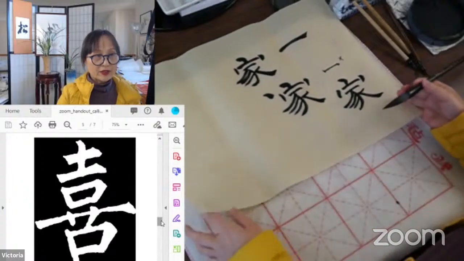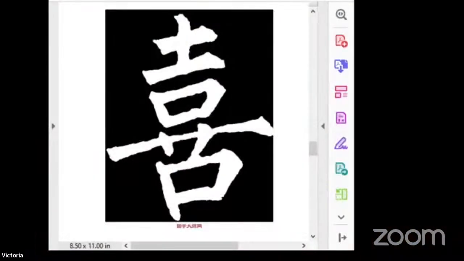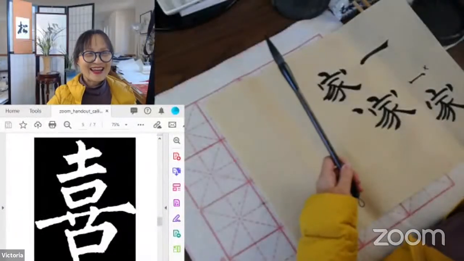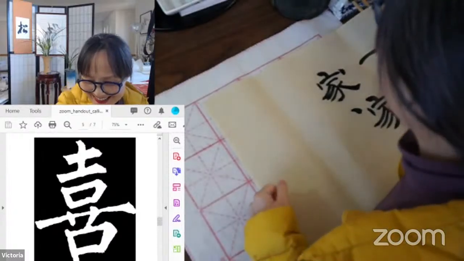Okay, the next one, happy. Look at the sample. How many of these have you seen or learned already? Probably not. Victoria, is this the one you use for weddings, the double happiness? Yes, how did you know that?